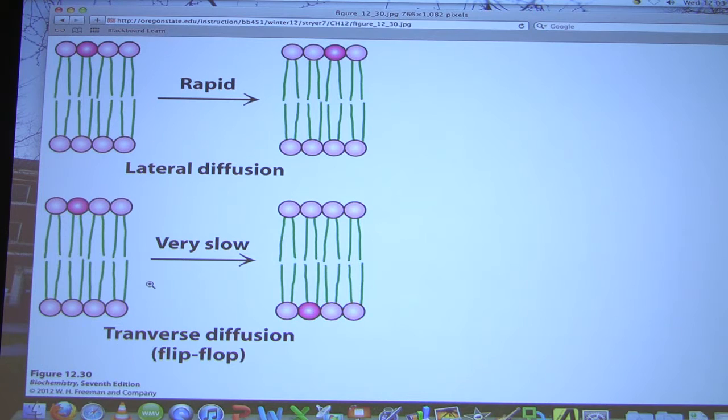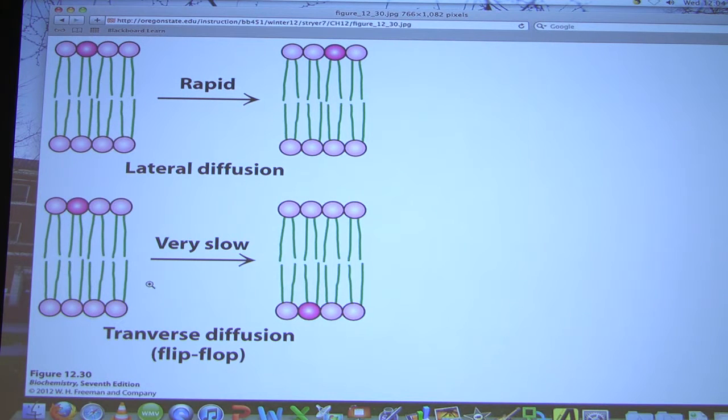And that movement that happens on one side of the membrane, it could happen down here as well, is very, very rapid. All right? So lateral diffusion happens very quickly across a membrane. However, if we look at that same molecule here in red and we measure the rate with which it now appears on the other side of the membrane, that process is called transverse diffusion. That process occurs very, very slowly.